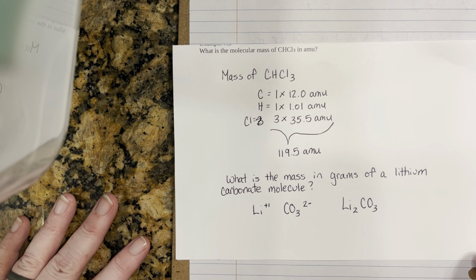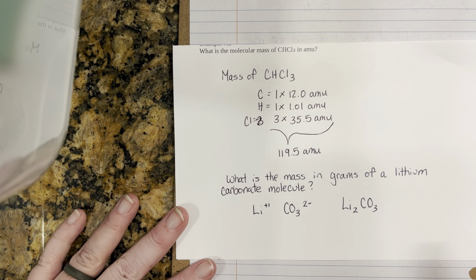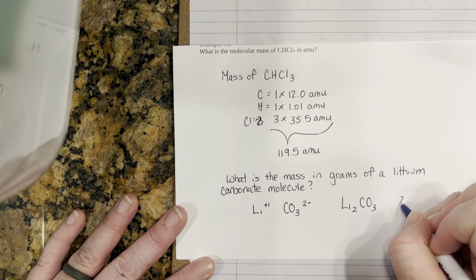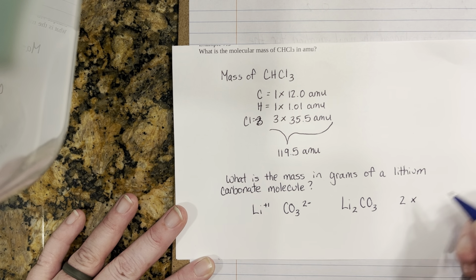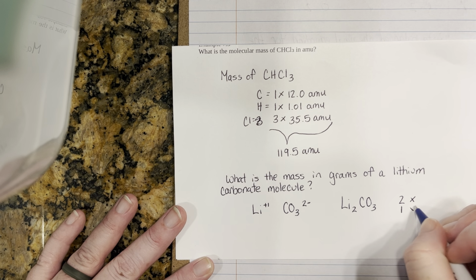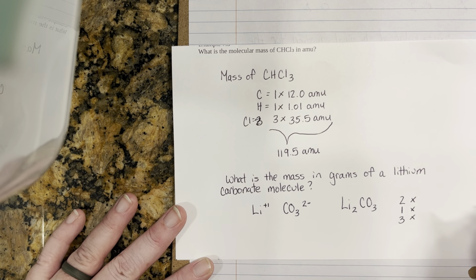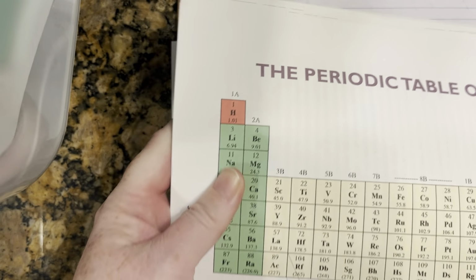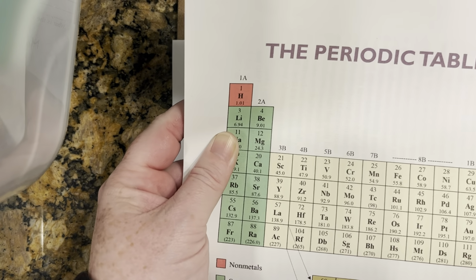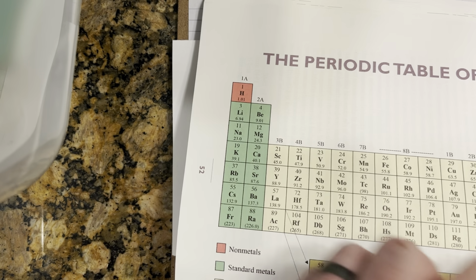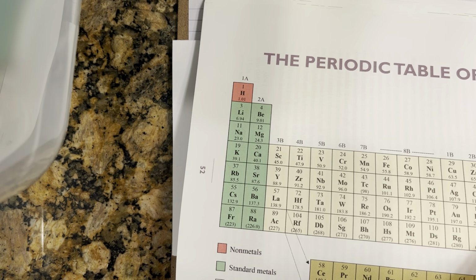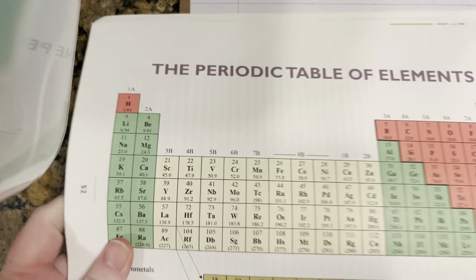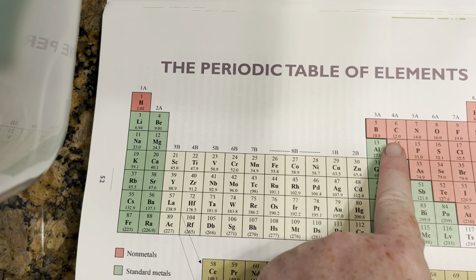Okay, so you're going to follow the same thing. What's the mass? Well, there's 2 lithiums. There's 1 carbon, and there's 3 oxygens. Lithium is 6.94 right there. Carbon is 12.0 right there.